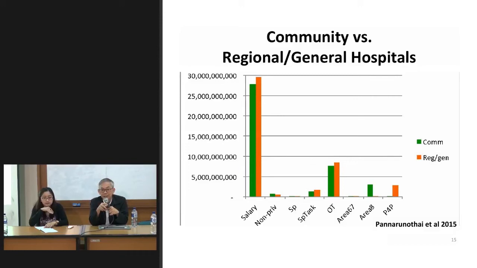You can see that the salary is the biggest part, but the second biggest is the OT or overtime part, and the overtime payment is high in the provincial hospital. You can see that the introduction of the P4P, even though I say that it's not very high as compared to other things, focuses just on the provincial hospital.